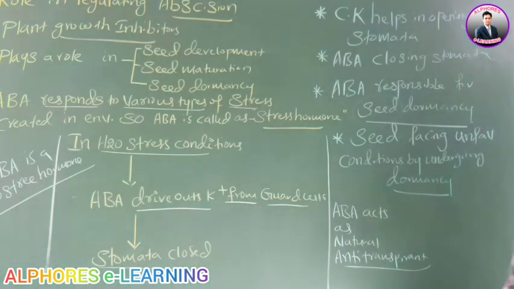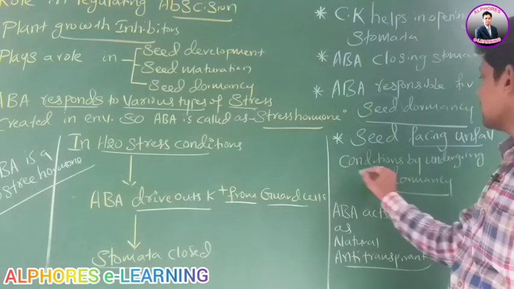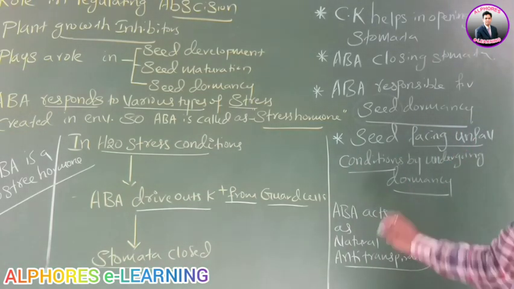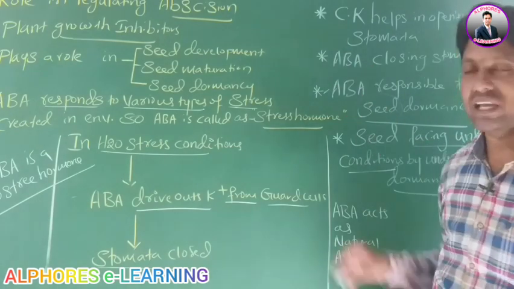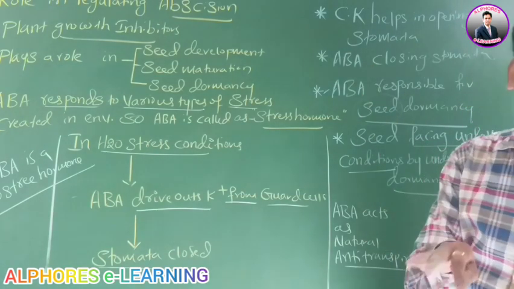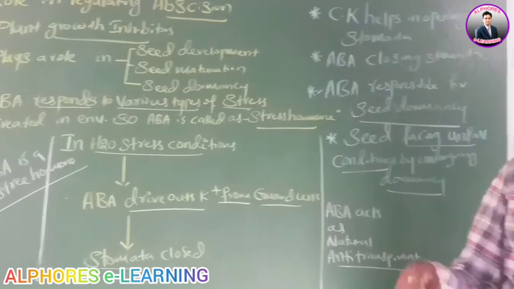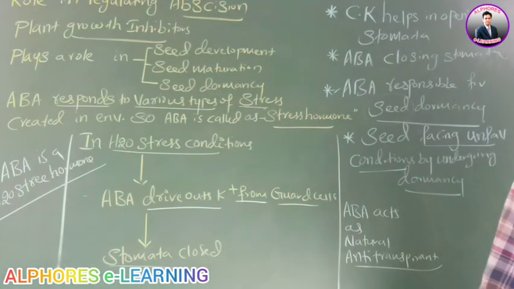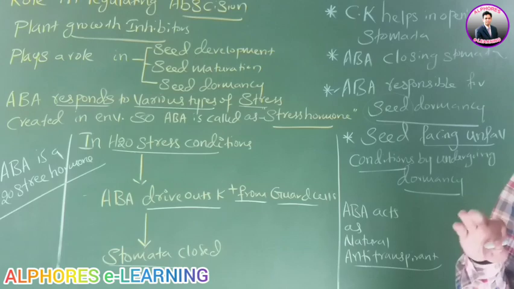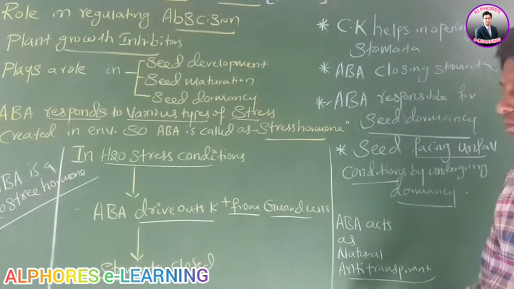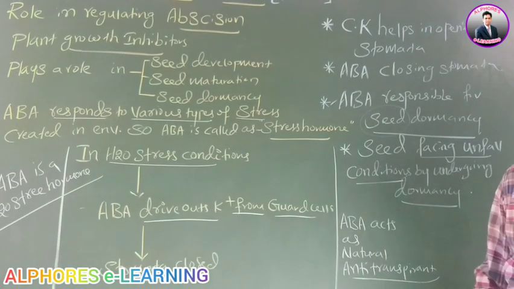Is this statement okay? Therefore, the seed is facing these unfavorable conditions by undergoing what, sir? Dormancy. This dormancy is with the help of what? Abscisic acid. Once conditions become favorable, the seed starts germinating. It is facing unfavorable conditions by undergoing dormancy.